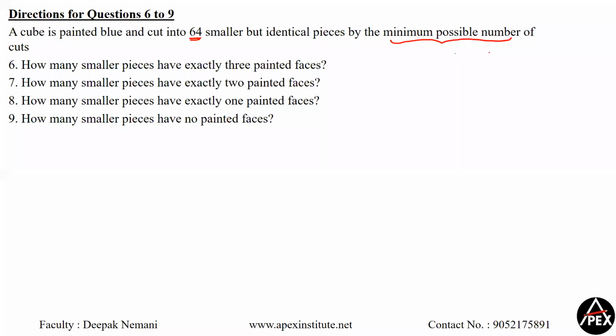Minimum 9 cuts. And how are these 9 cuts made? 3, 3, 3. So to solve this question, first you need to identify that, 3 plus 3 plus 3. So you have 2 more minutes, guys.